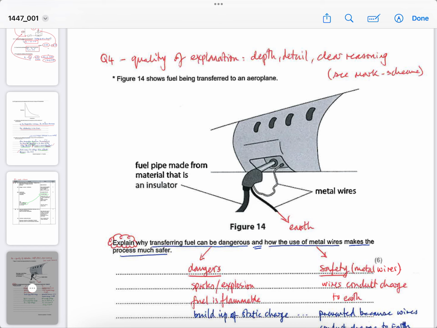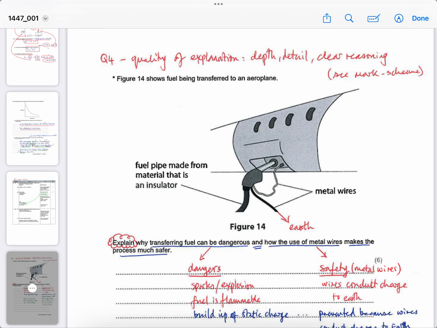Okay, so you got a fuel pipe made from material that's insulator. That's like a rubber hose on the fuel pipe, just like in a petrol station. And you can see that there's a metal wire connecting the hose to earth, and also to the nozzle is connected to the plane's body.